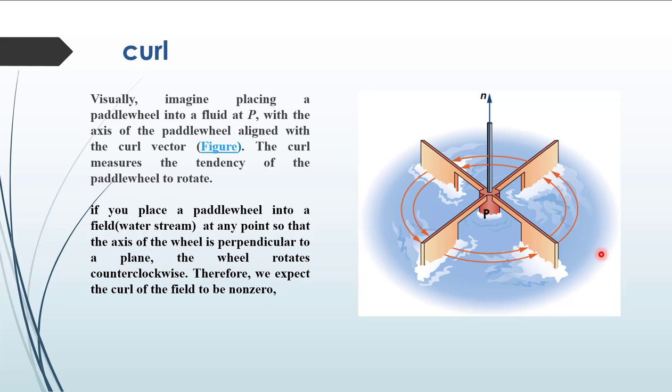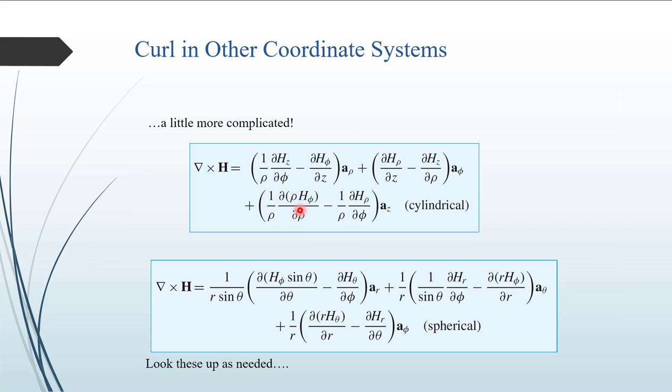If the water is steady, the curl will be zero because the paddle will not move. If the water is moving, the paddles will also move, so we can say that there is some value to the curl. In this way, by this physical phenomenon, we can interpret the meaning of the curl. In all coordinate systems, we have seen this equation del cross H in cylindrical and spherical systems.